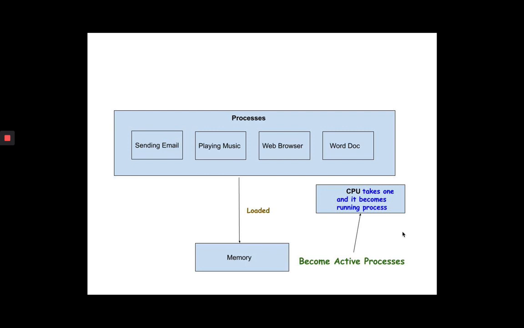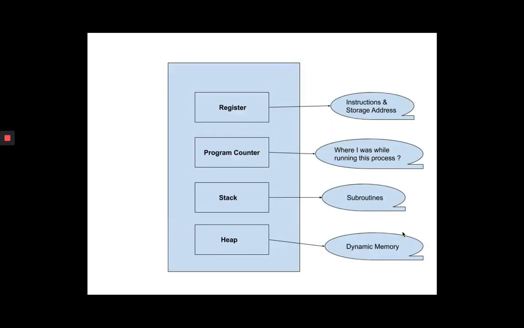Now every process needs some resources. There are registers, where we have storage addresses and instructions, and you know that every byte has some offset which we can refer to whenever we need that particular byte, I mean the CPU will refer to.